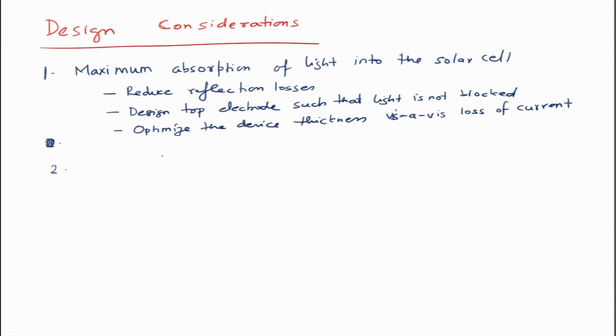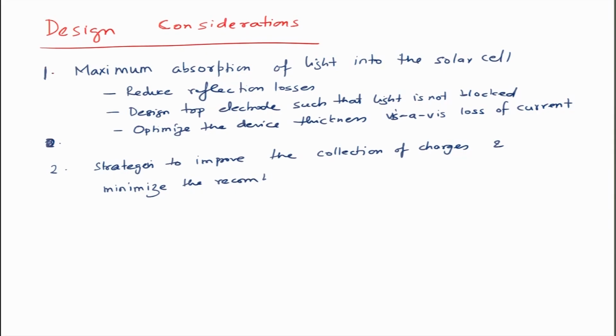And then the second thing is how you improve the strategies to improve the collection of charges and minimize the recombination losses.